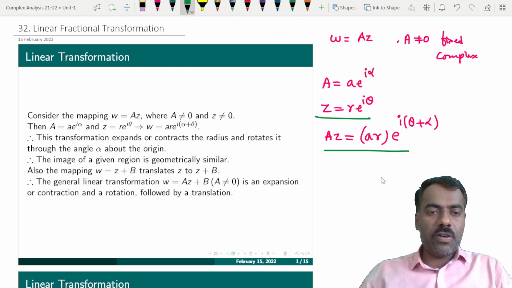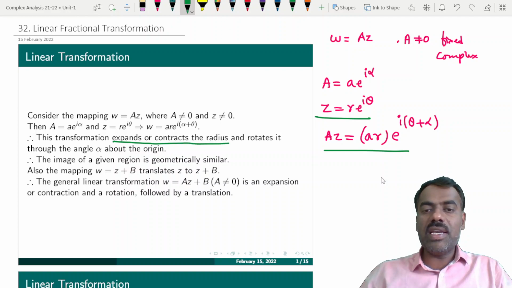Therefore this transformation az expands or contracts the radius and rotates this vector through an extra angle alpha about the origin.